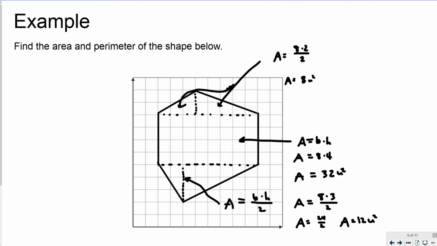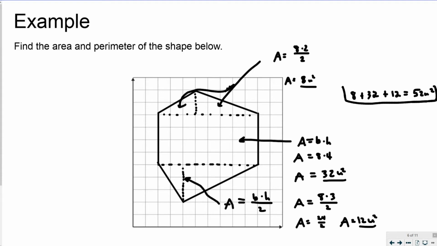So to calculate the shape's total area, I would simply take the 8, the 32, and the 12 and add them together. So 8 plus 32 plus 12 equals 52 units squared.